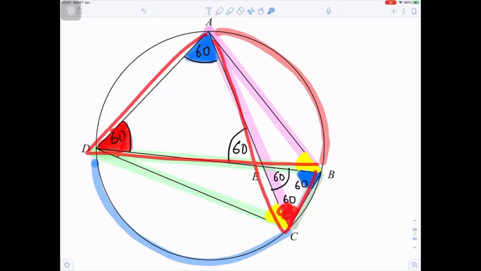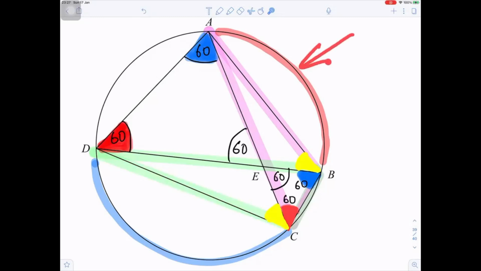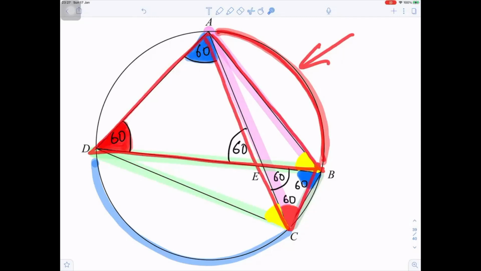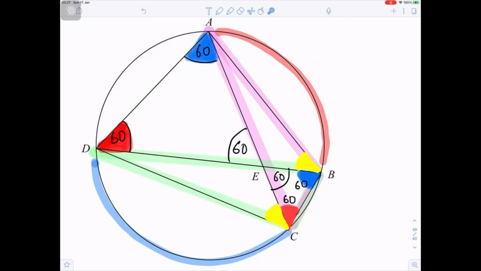The 2 red angles are the same, 60, 60, angles in the same segment, because we are looking from that arc or this line. So the 2 red angles are the same, 60, 60. The 2 blue angles are the same, 60, 60, from angles in the same segment. And this 60 and this 60 are the same from vertically opposite angles.